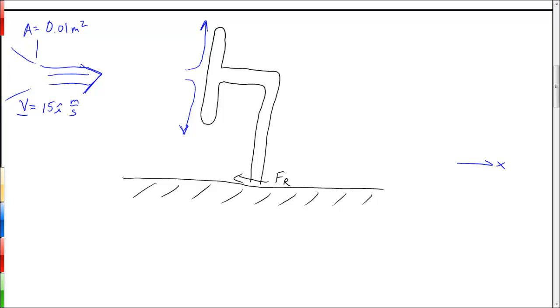Now, because the water is moving in the x direction as it comes in and going out straight up and down, we're going to just write down the x component of the conservation of momentum equation.